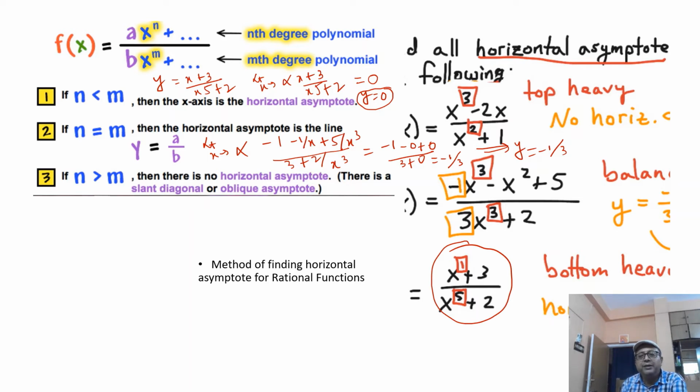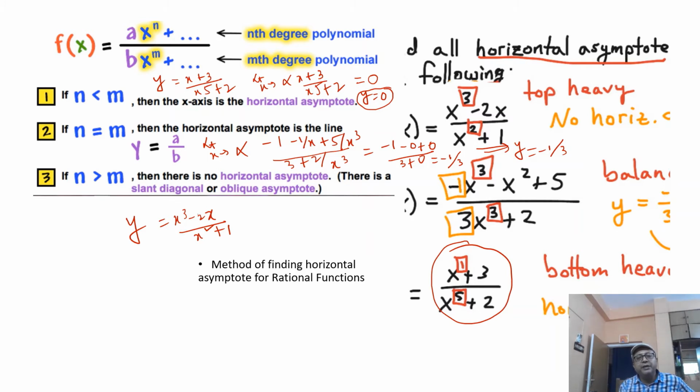What will happen in the case when n is greater than m? Like the first one I have written here, y equal to x cube minus 2x divided by x square plus 1.